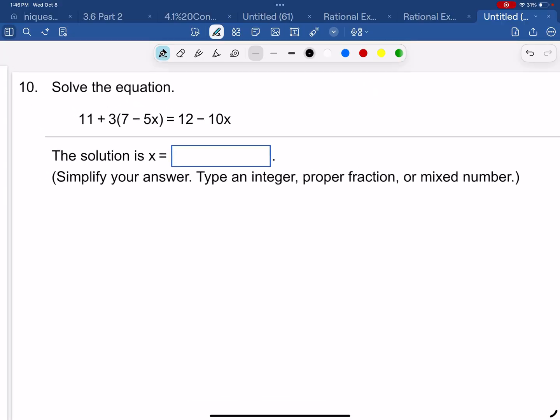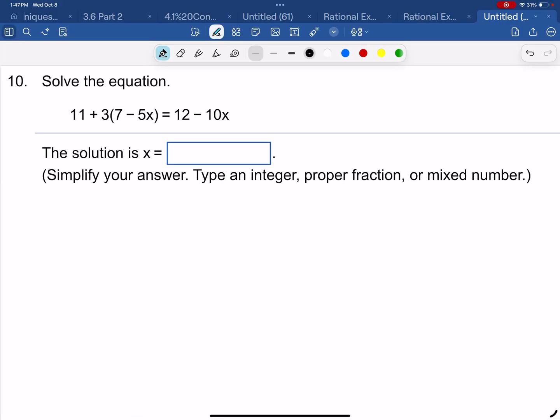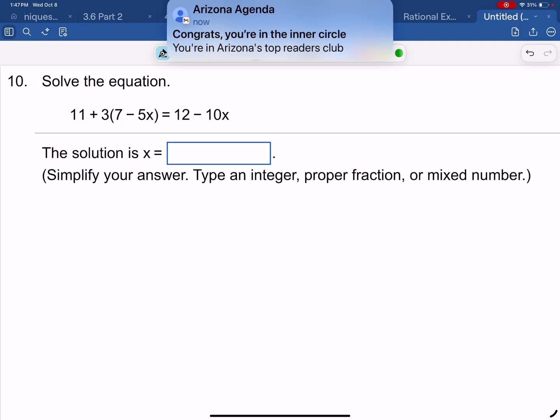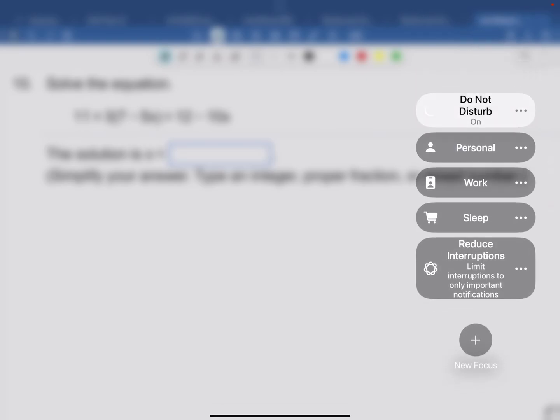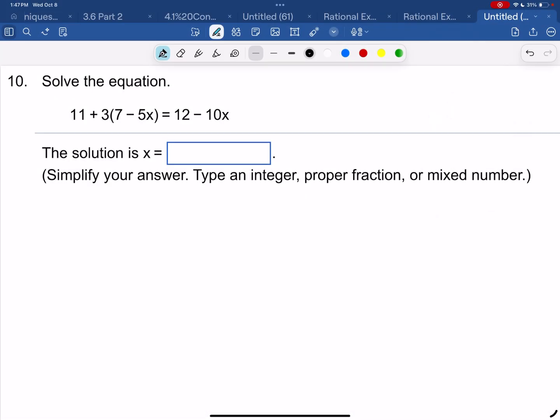And example 10. So here I have 11 plus 3, parentheses, 7 minus 5x, close parentheses, equals 12 minus 10x. Again, it's very tempting to want to add the 11 and the 3, but we have to make sure we distribute that 3 first.